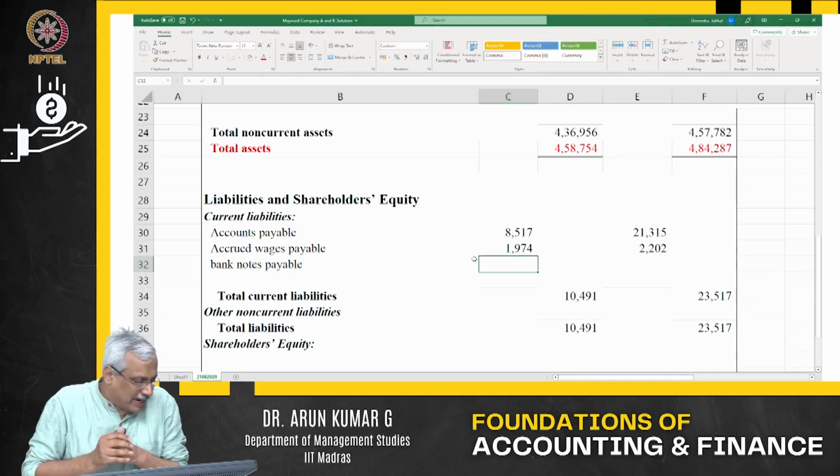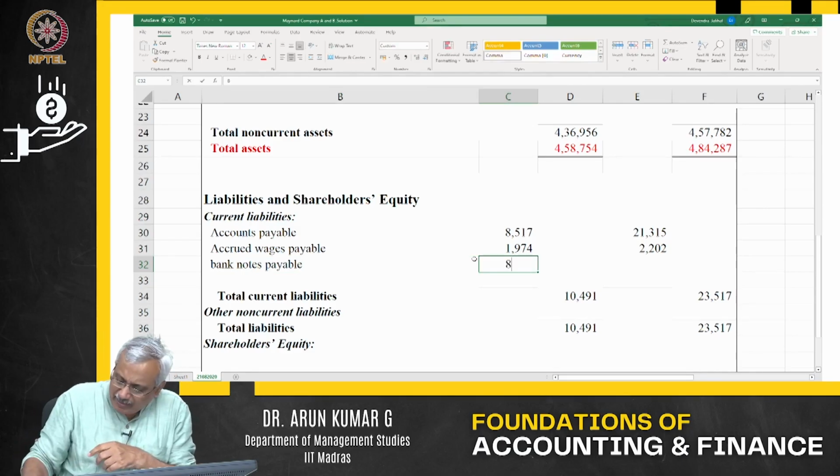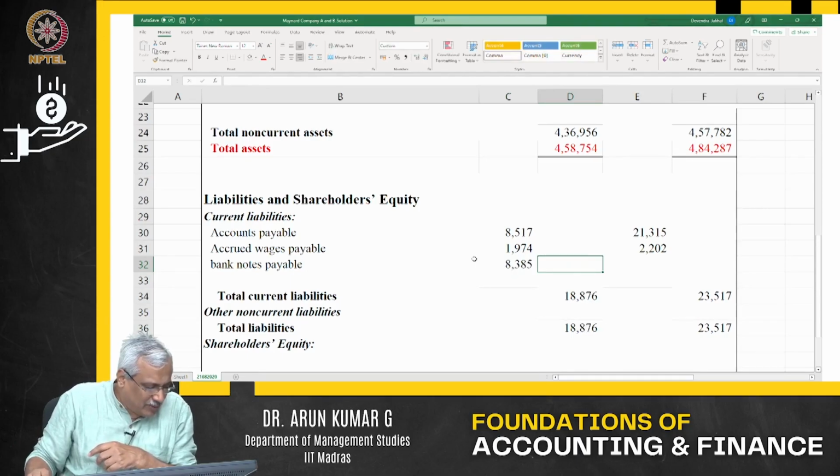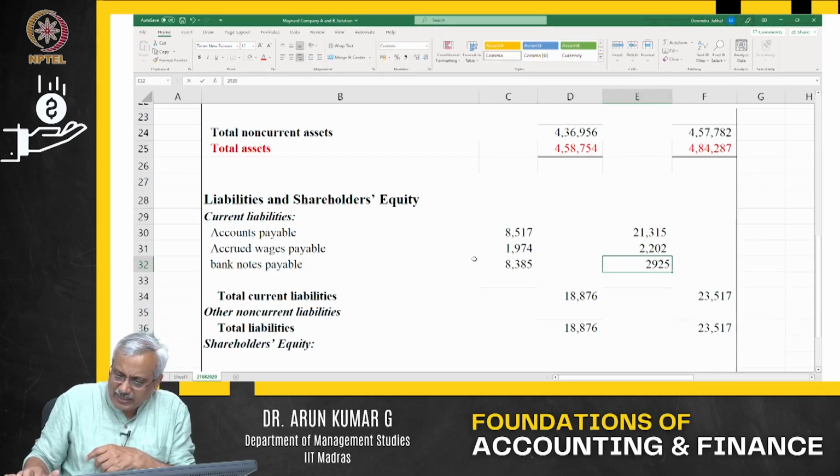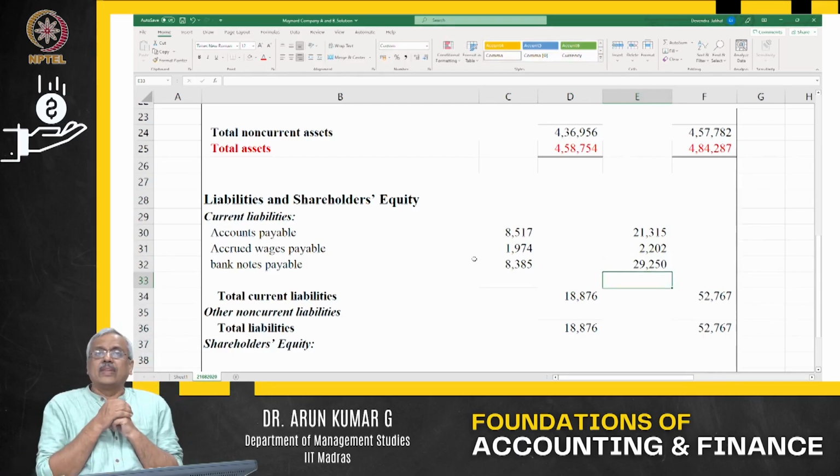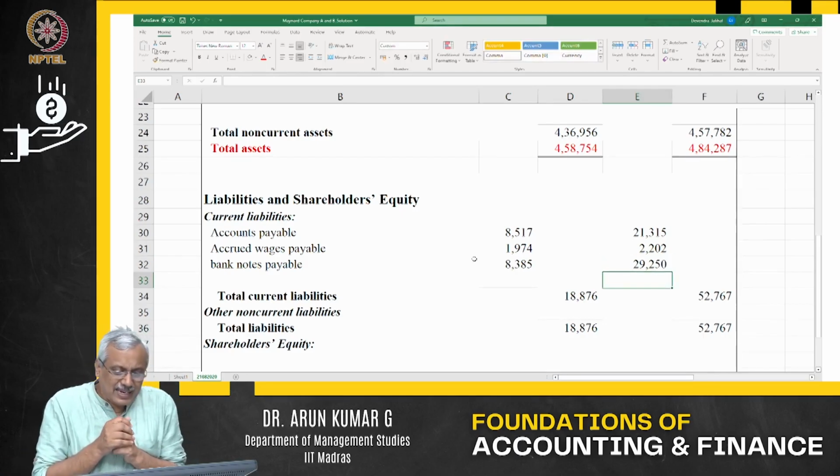Obviously it will be a current liability. How do you classify? These are all short term. If it is long term, it will always be mentioned that it is long term out there. These are what we call short term liability.